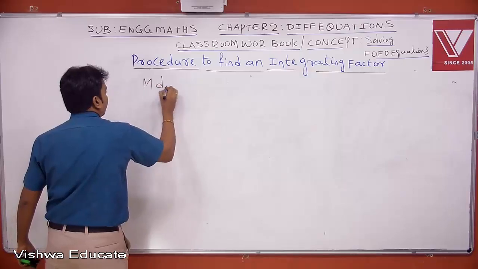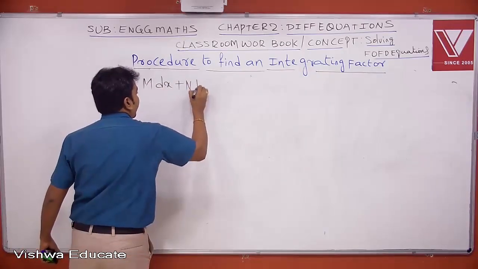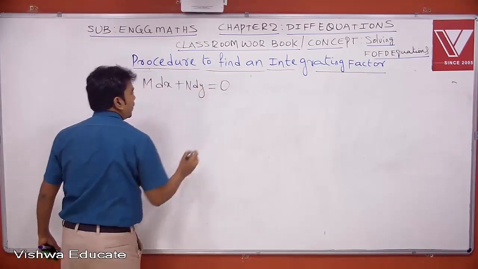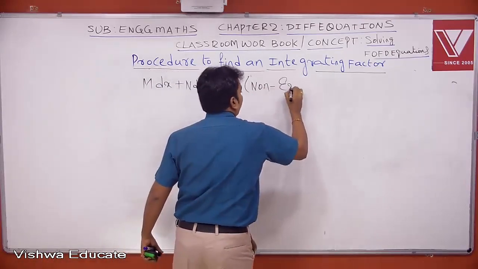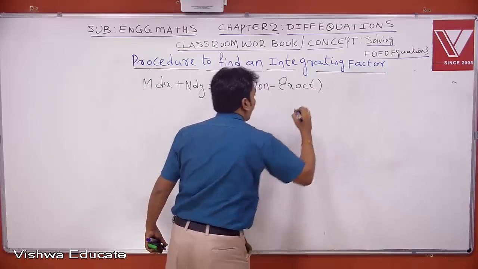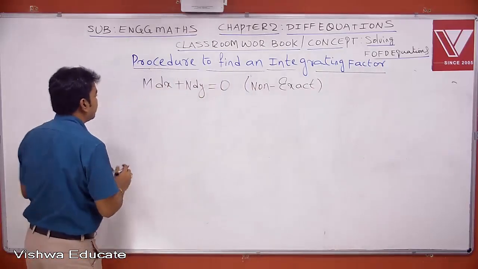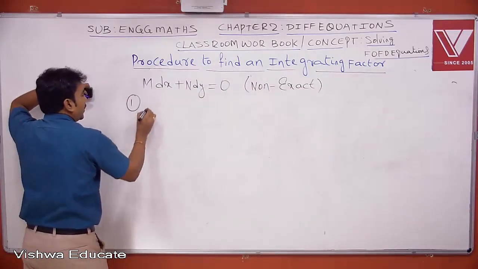Suppose we have a non-exact equation M dx plus N dy equal to 0. Now let us discuss one by one. Case 1.